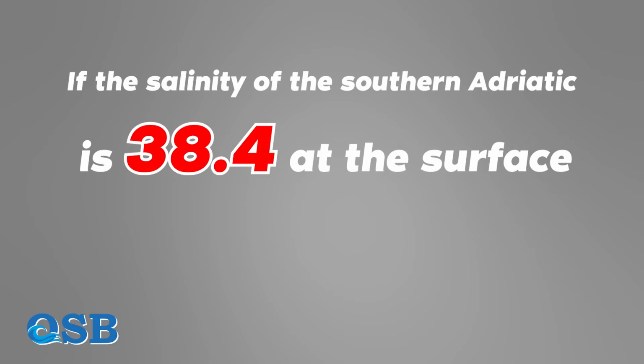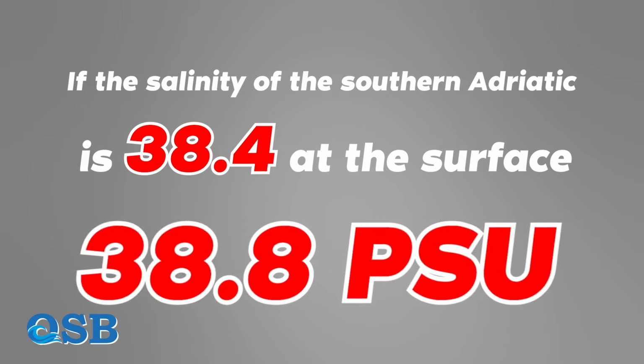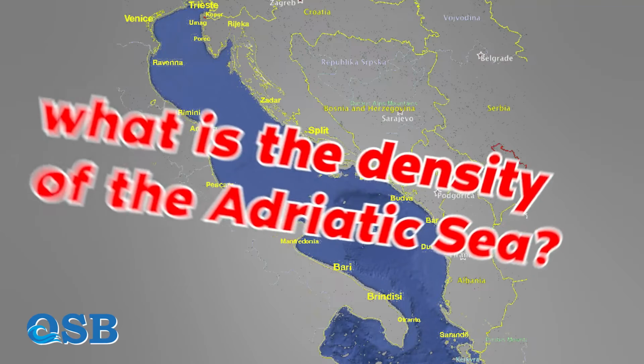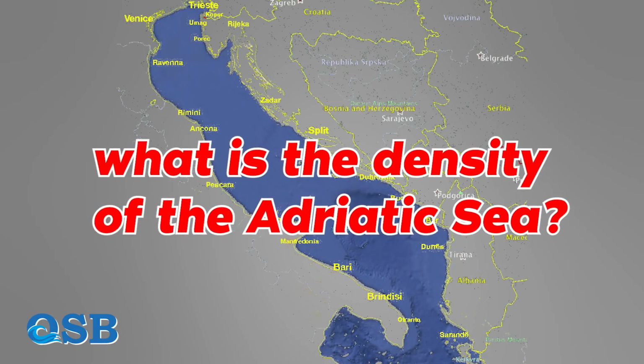If the salinity of the southern Adriatic is 38.4 at the surface, it reaches 38.8 psu at depth in the spring. Now, based on these temperatures and salinities, what is the density of the Adriatic Sea?